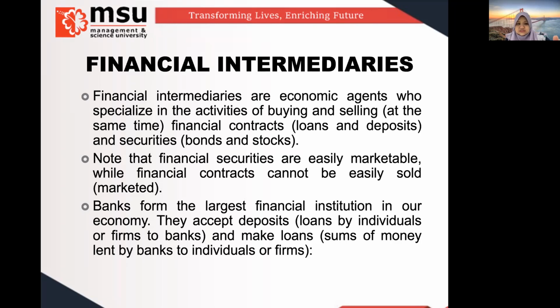This statement means that banks are the largest financial institutions, but financial institutions are not only banks. Banks, as you know, are commercial banks, for example Maybank, CIMB, all those are commercial banks. There are also non-banks that give financial services, so we call them financial intermediaries or financial institutions.